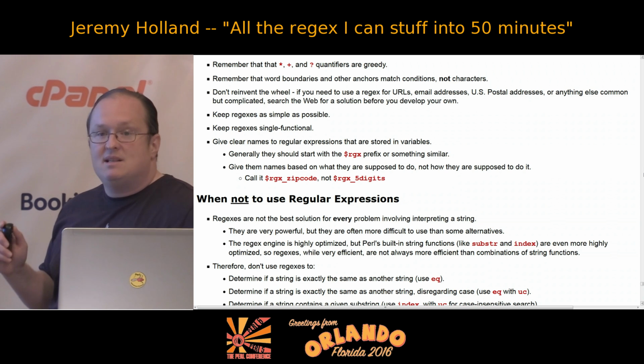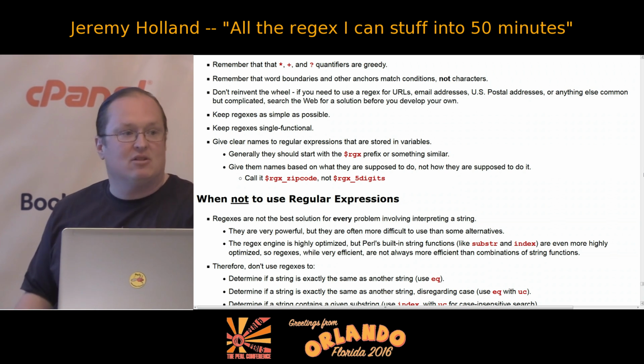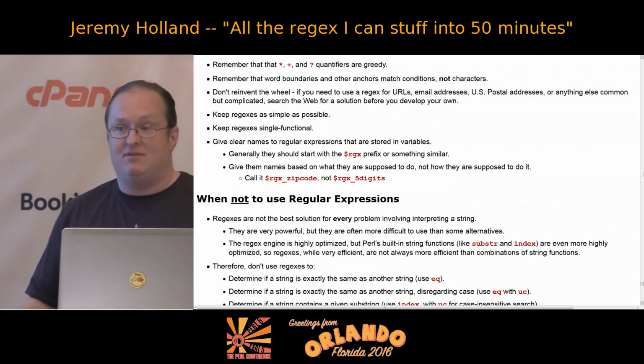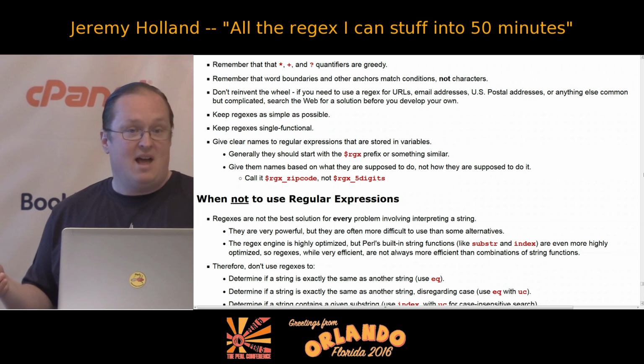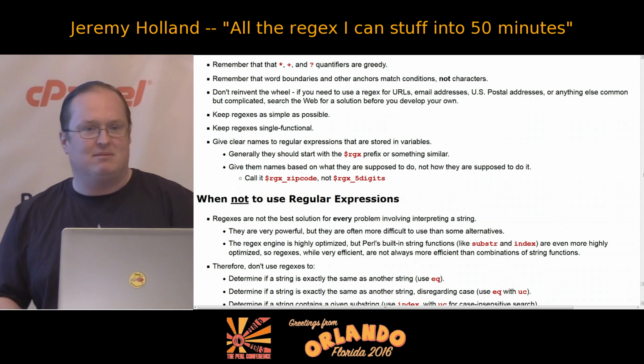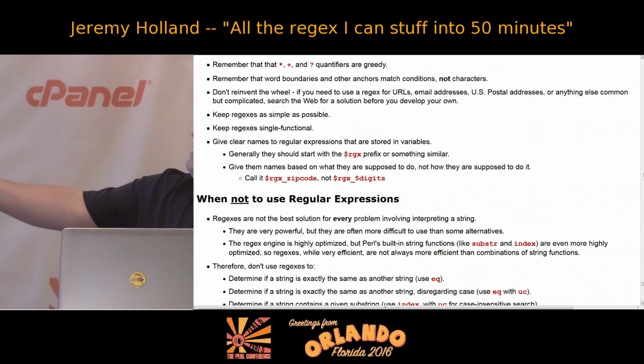Try to keep your regexes as simple as possible and single functional. I could write a regex that would match any arbitrary set of digits delimited with dashes and use it to match social security numbers, zip codes, and phone numbers. But that's terrible.